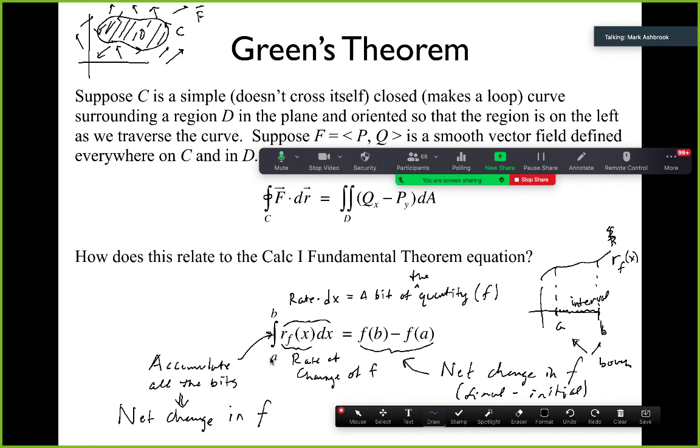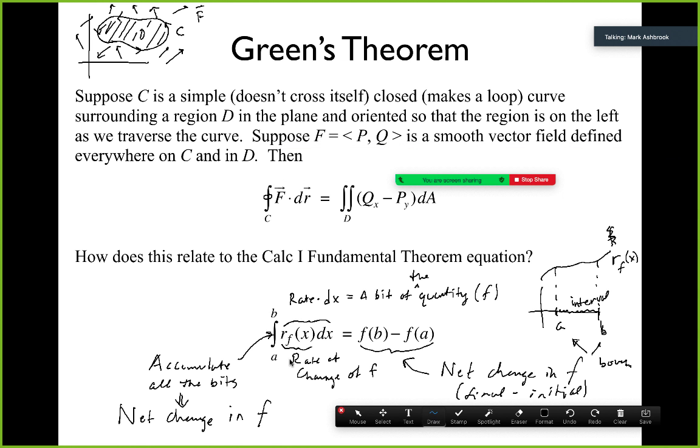So our integral in the fundamental theorem is accumulating bit by bit across the interior, which is like across the interval. So which does that apply to? Does that match up with the left or the right? The right, because the interior is D.